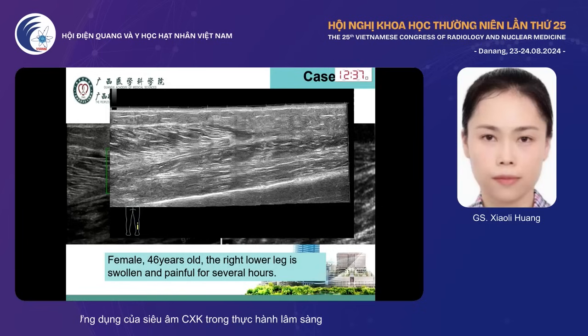Case 2, female, 46 years old. The right lower leg is swollen and painful for several hours.